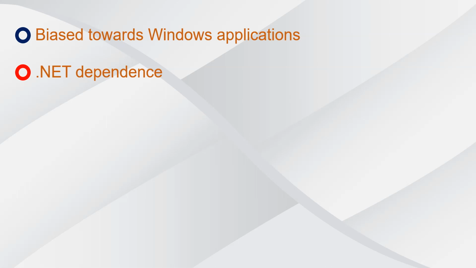Another shortcoming of C Sharp is that it depends a lot on the .NET runtime. So for you to be able to develop your applications using C Sharp, you require the .NET Runtime or .NET SDK that you're going to make available for your platform.